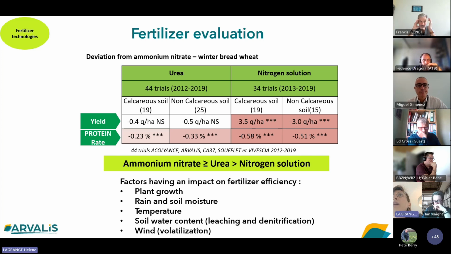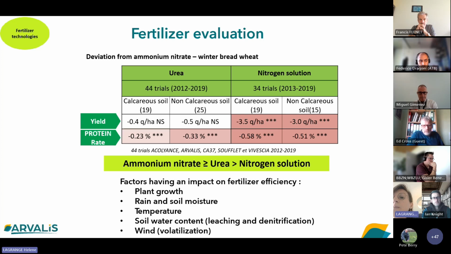The number here is the difference with ammonium nitrate fertilization. And so we found on average that ammonium nitrate is the most efficient, very close to urea, with non-significant differences regarding the yield. And the nitrogen solution is less efficient. These are the results we have in many trials in France.